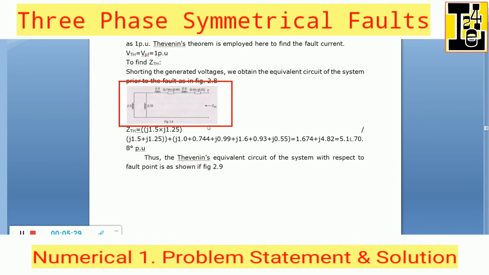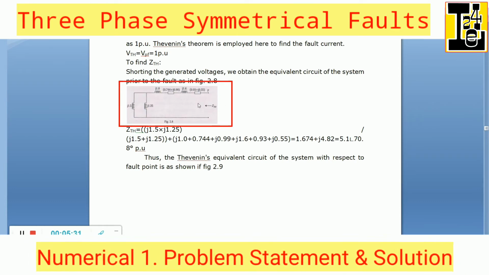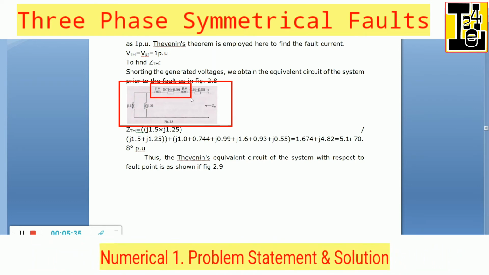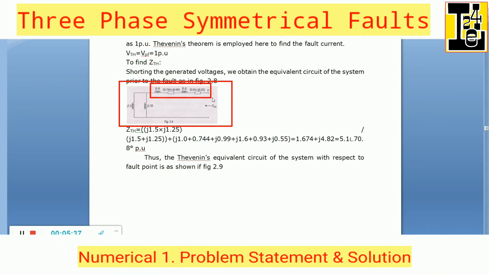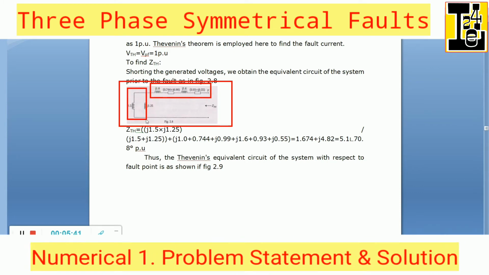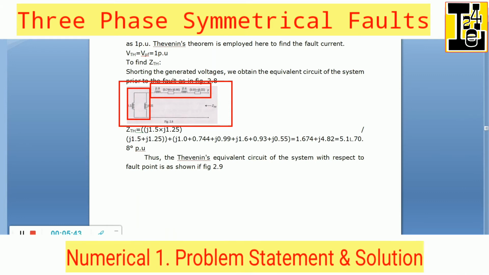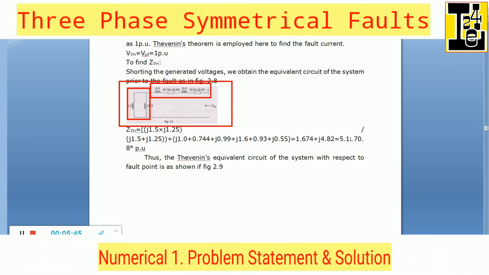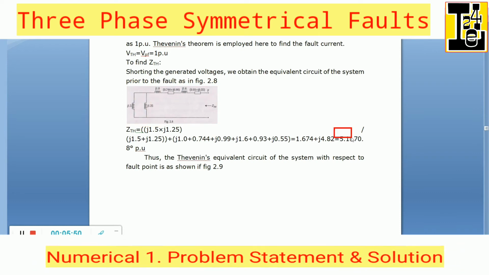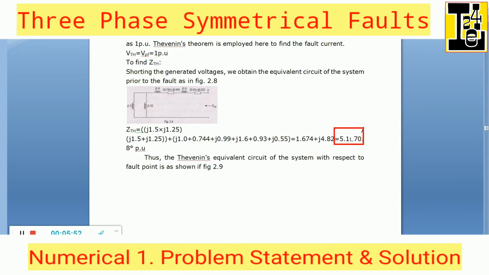With respect to the fault point, if we observe inside the circuit, the equivalent impedance can be obtained. Here this set of series combination is in series with the parallel combination of these two reactors. Finally I will get Z Thevenin equal to 5.1 at an angle of 70 degrees.